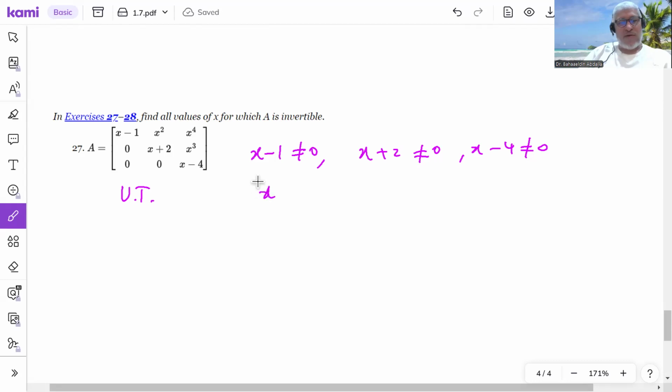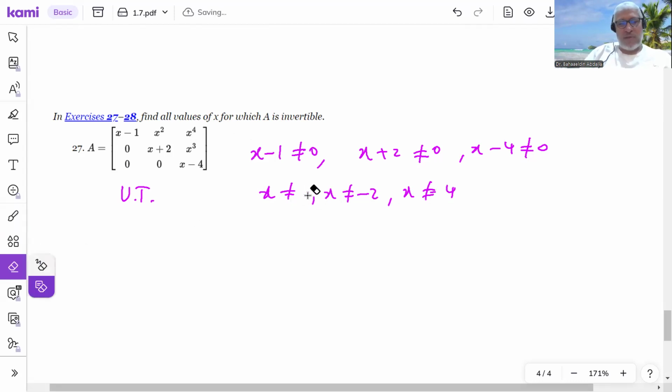So X shouldn't be equal to 1, when you take 1 to the other side. So X could be any real number except 1, -2, and 4.